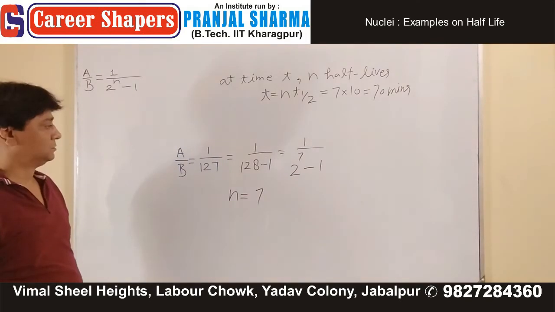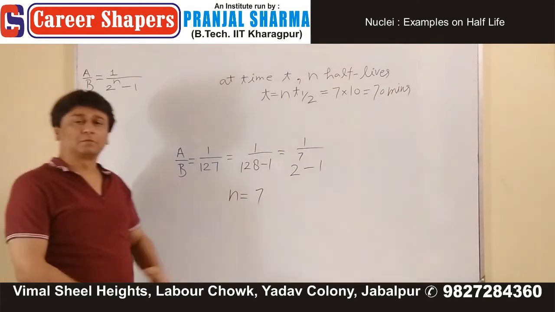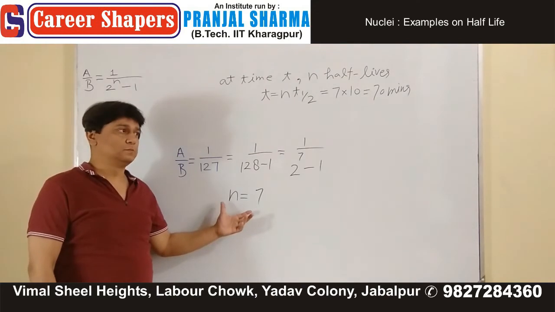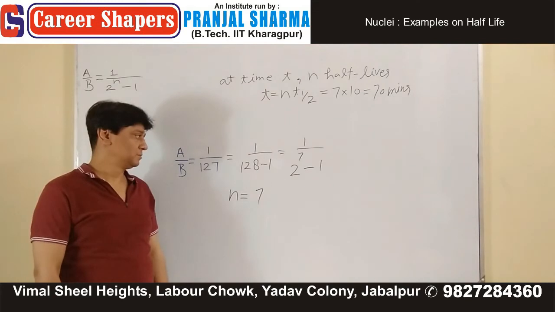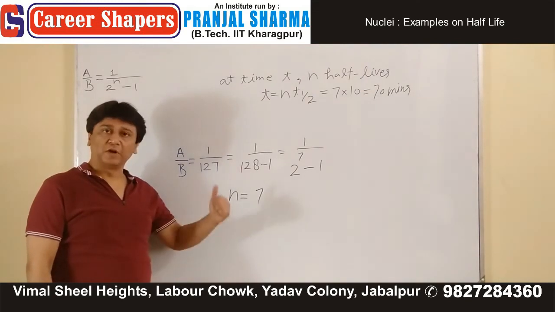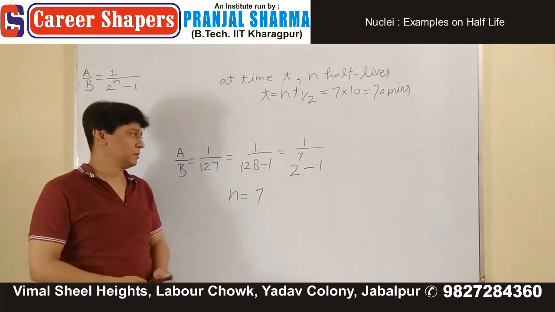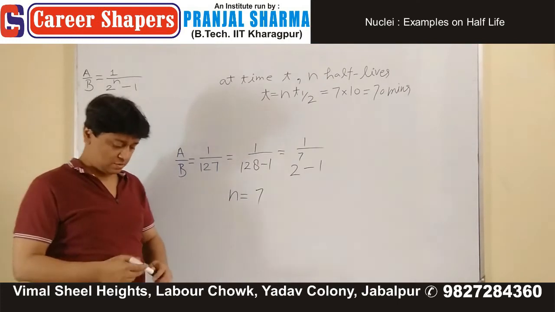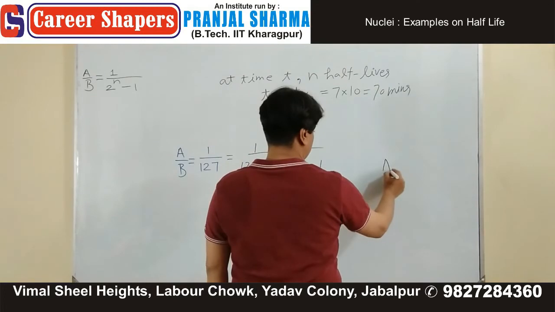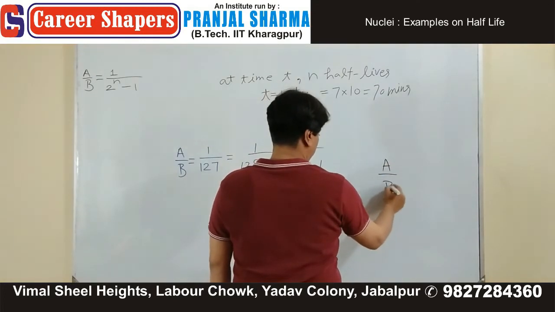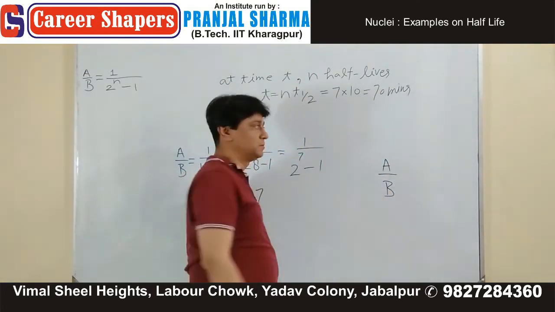Now, this is for mostly school, NEET and JEE. If they try to increase the level a bit, not very much, then the question can be asked in this form also. Let's see how many of you will answer this now.